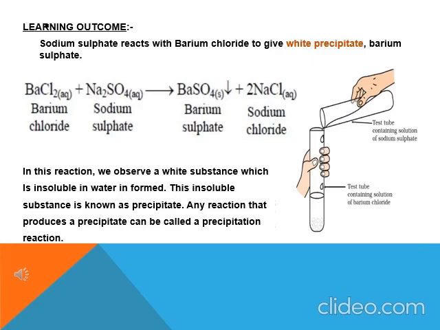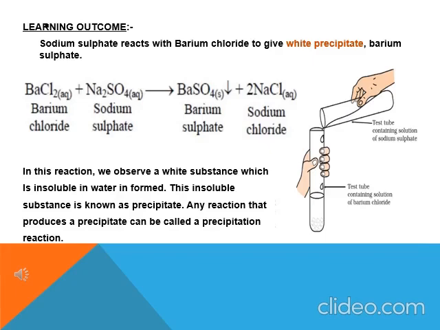So barium displaces sodium from its position and forms barium sulphate, BaSO4, and the other compound formed is NaCl. Sodium takes the place of barium, so it forms NaCl, which remains in the solution. It is sodium chloride, a simple salt. The barium sulphate is white in color, which is why the solution becomes white.